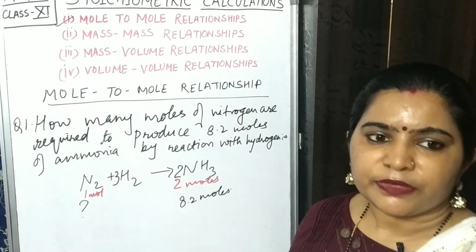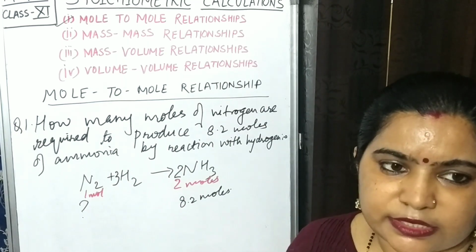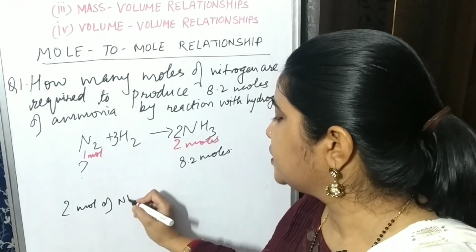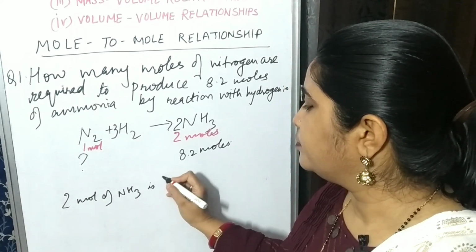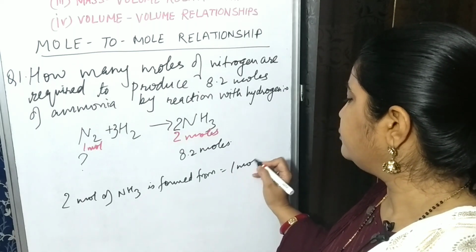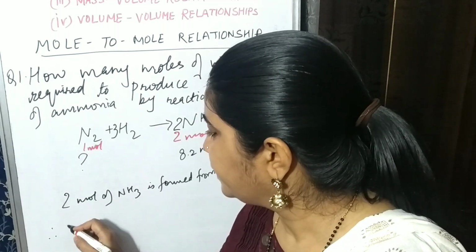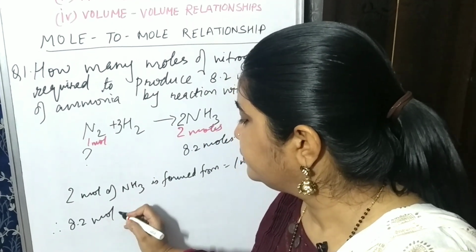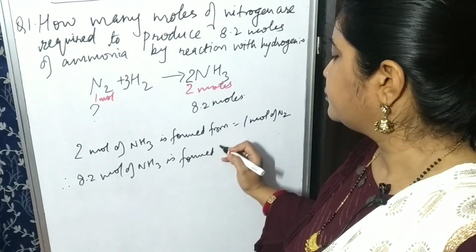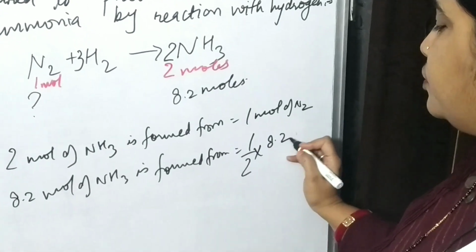Understood? So you can write it like this, that 2 moles of NH3 is formed from 1 mole of N2. Therefore 8.2 moles of NH3 is formed from 1/2 into 8.2.